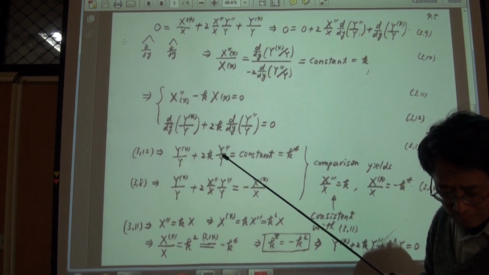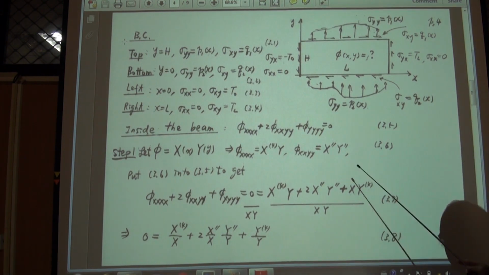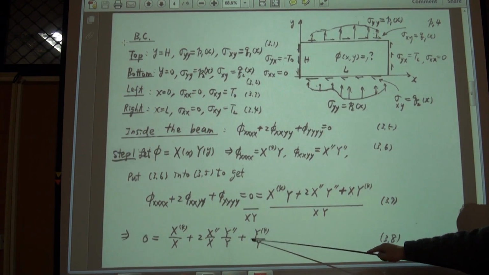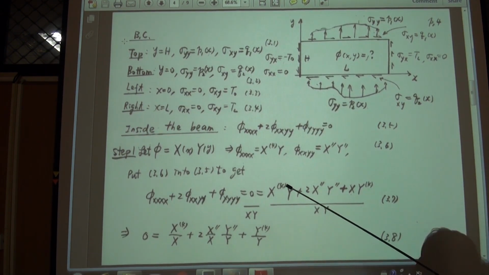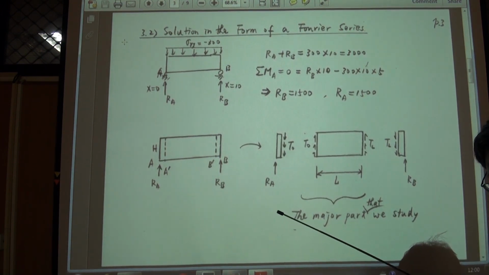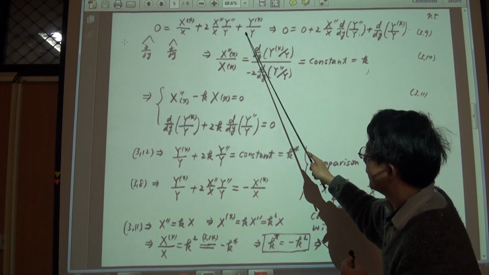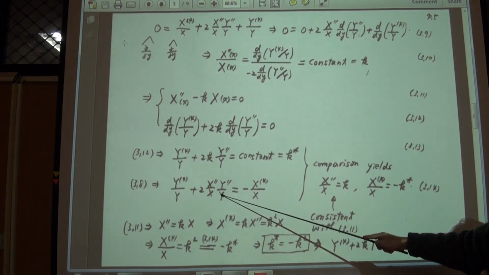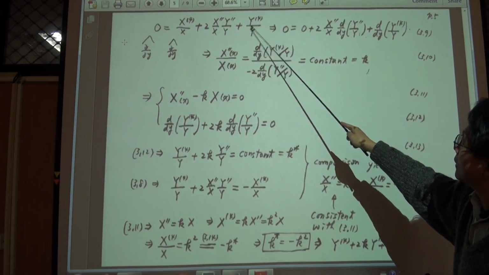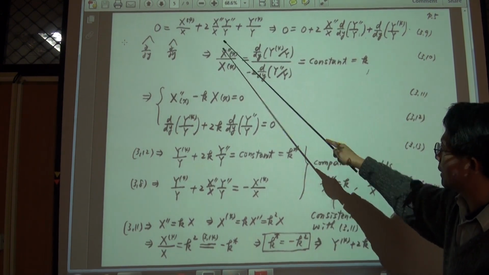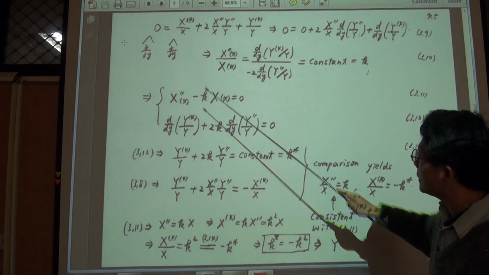What is 3.a? 3.a is this one. This equation is 3.a. From this one, you understand this one is this one, this one is this one, and this one becomes this one.